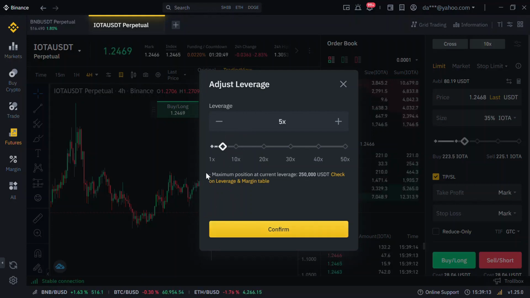If you have a margin of $100 and you have 5x, that means your purchasing power or your selling power is $500. If the market goes 10% in your direction, you make 10% of 500, which is $50. At the same time, if it goes 10% in the negative direction, you lose $50, which is 10% of $500. And that $50 will be deducted from your margin.